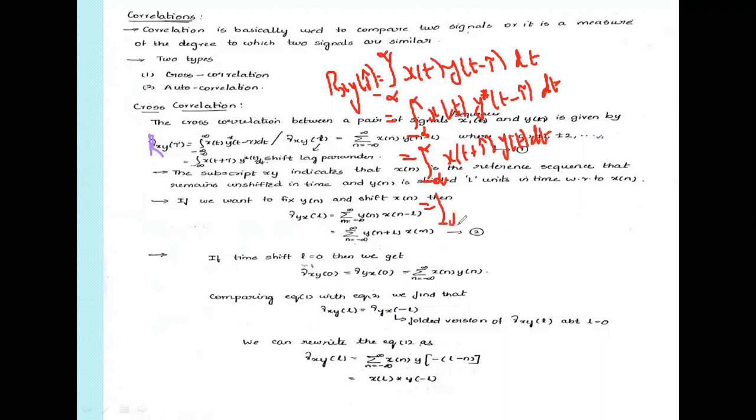And we can take any one of these as a complex function, X conjugate of t plus tau into Y of t dt.